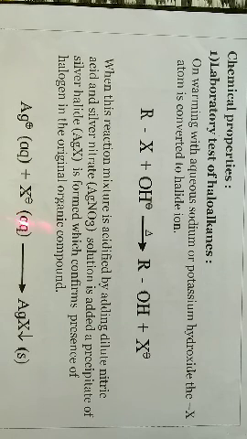When the reaction mixture is acidified by adding dilute nitric acid and silver nitrate solution is added, a precipitate of silver halide, AgX, is formed, which confirms the presence of halogen in the organic compound. So Ag plus reacts with this halide ion to form the precipitate of AgX. That is the confirmatory test for halide formation.